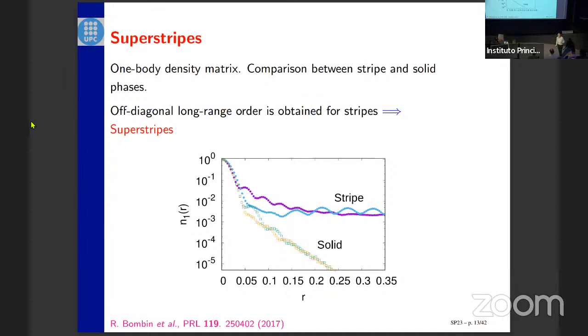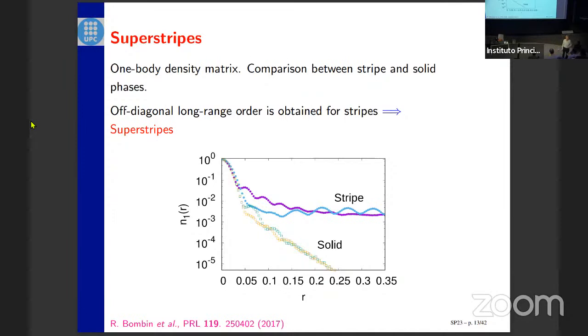In the sense why I could say super solid, because I have the two ingredients from a microscopic point of view. For me, a super solid is a solid in the sense that you have diagonal order. This is not completely true in stripes, because along the stripe you don't have this.